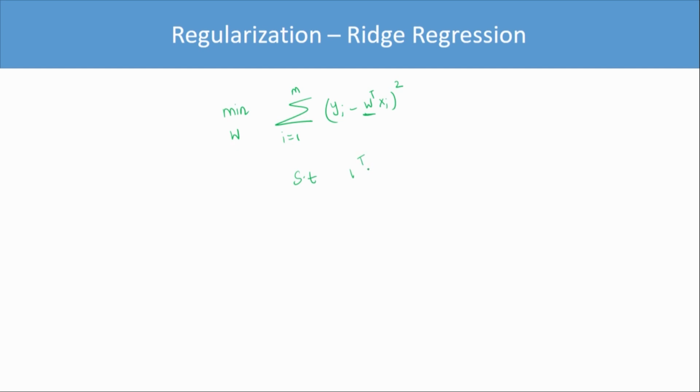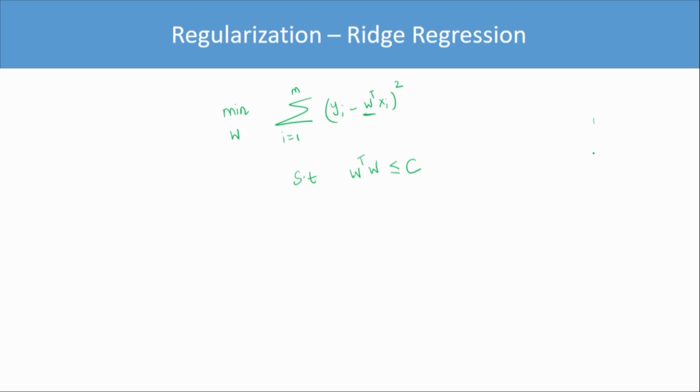One way to say that is to make this a constrained optimization problem. You can change your objective to minimize over W the loss, such that the norm of W is less than or equal to some constant. What does this mean?